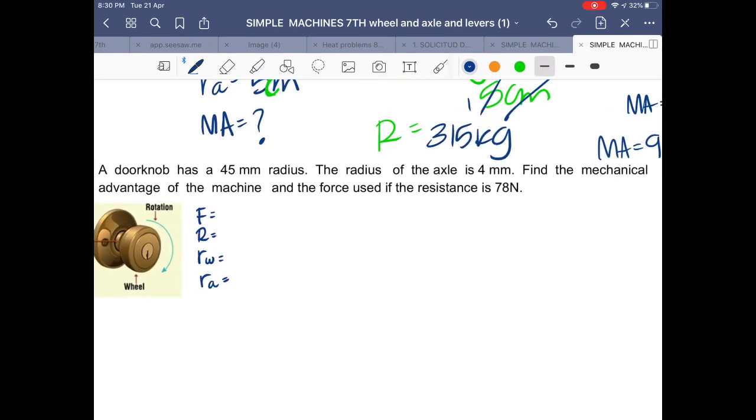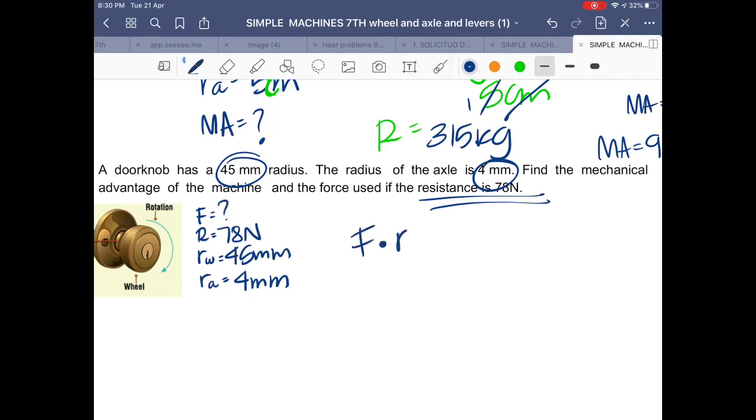Force, well, they're giving you 45 millimeters and 4 millimeters. So radius of the wheel, 45 millimeters and 4 millimeters. And you have a resistance of 78 newtons. We're searching for force. Force times radius of the wheel equals resistance times radius of the axle. We're searching for force, so it means I'm bringing radius of the wheel, dividing to the other side according to our rules.